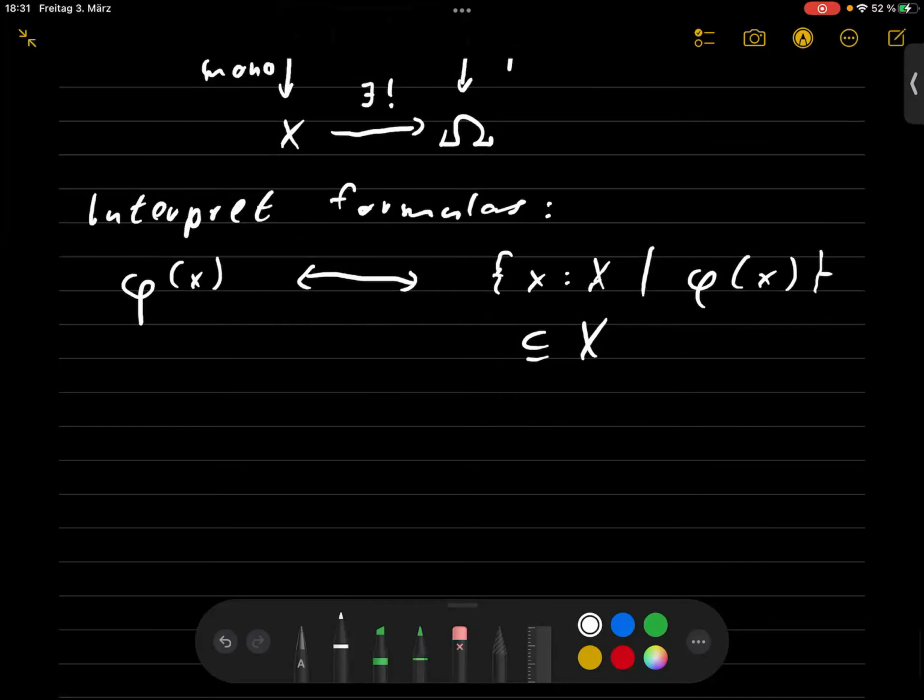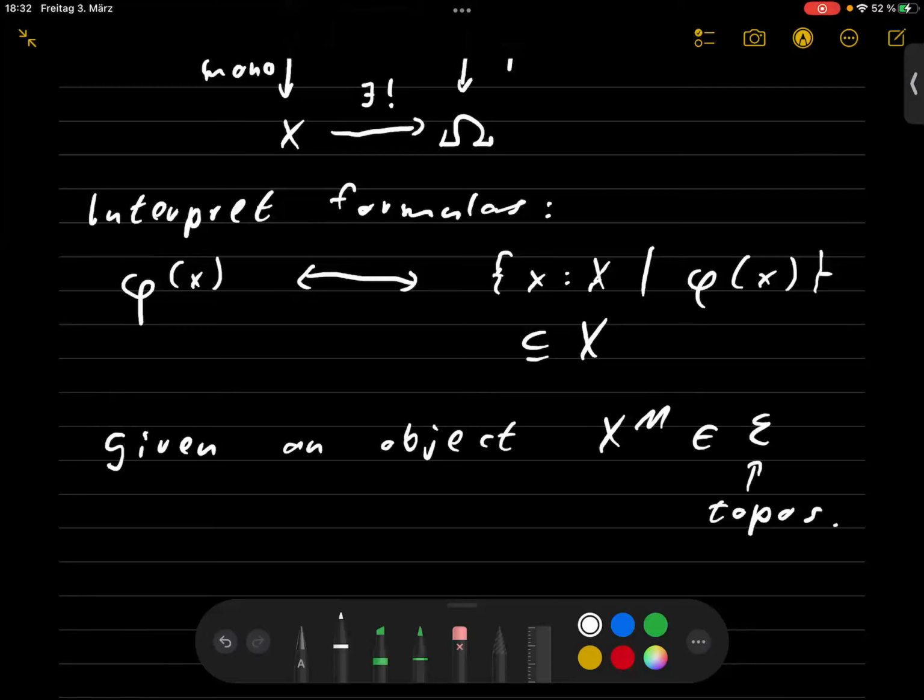In this sense, when we give a formula, we can equally well give a subobject. And so now we say that when we have some formula phi, and we have an assignment, or an object X to the m in a topos E. This is a topos.